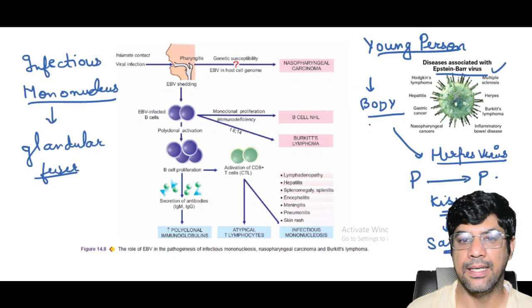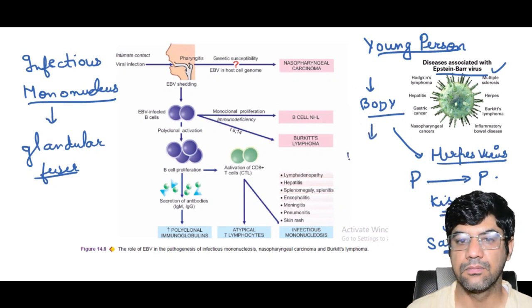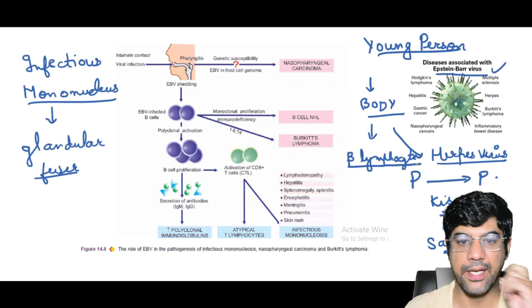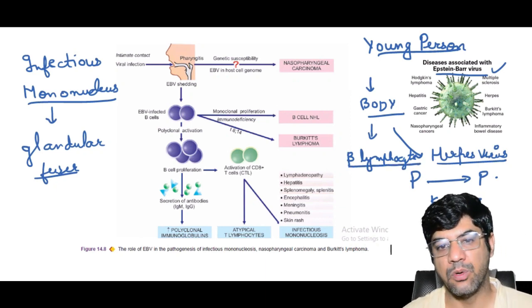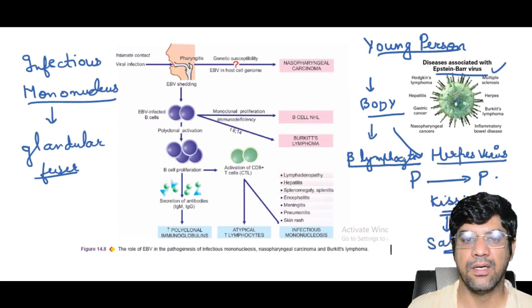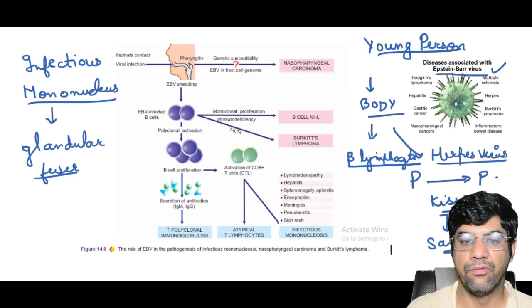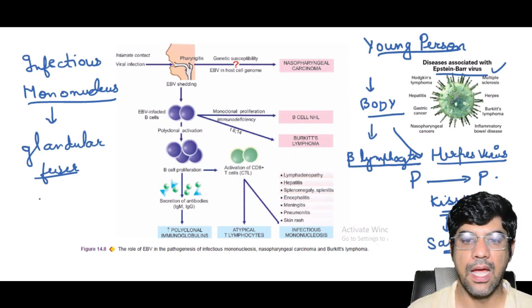Then it enters the B lymphocytes, a type of WBC present in the lymphoid tissue. The infection spreads throughout the body by bloodstream or by these infected B cells. So the virus will cause fever and acute illness.